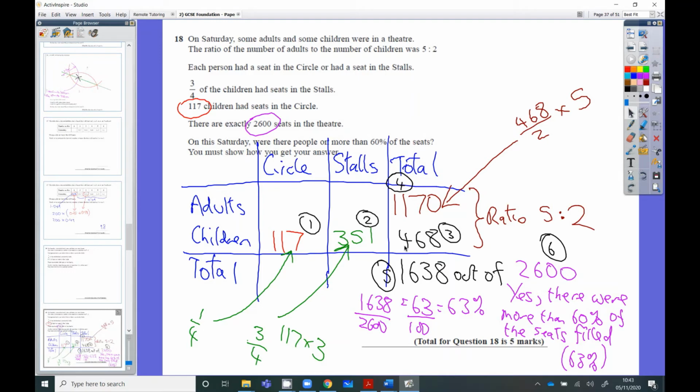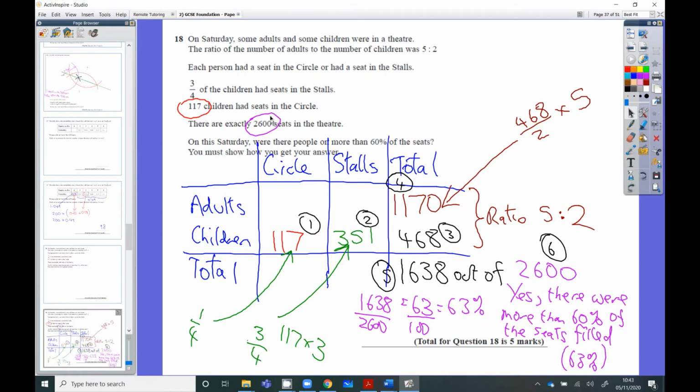Alternatively, you could think of it as 468 children, that's the 2 shares. So divide that by 2 to get a single share, and then multiply that by 5 to get the number of adults. So 1170 adults, 468 children, add that together and that's a total number at the theatre of 1638.